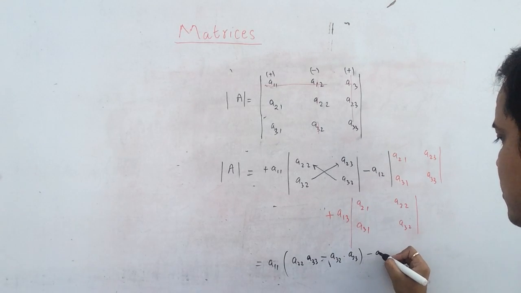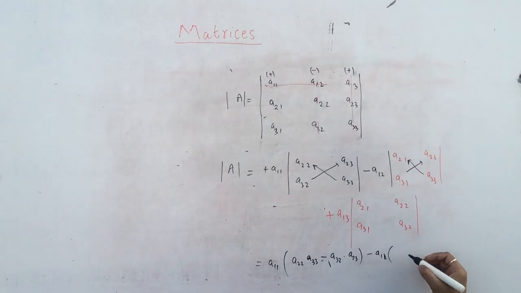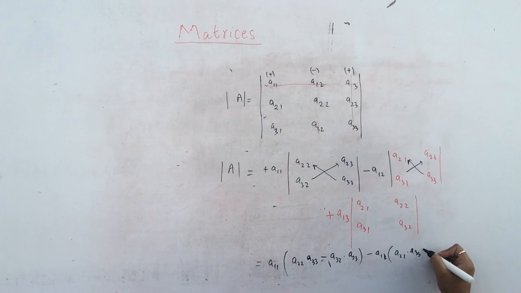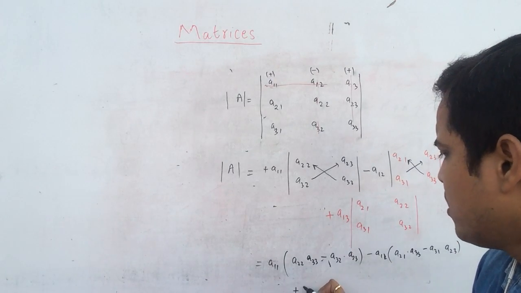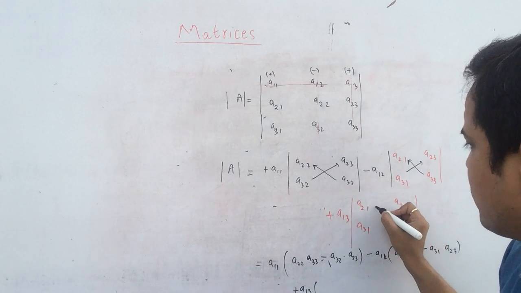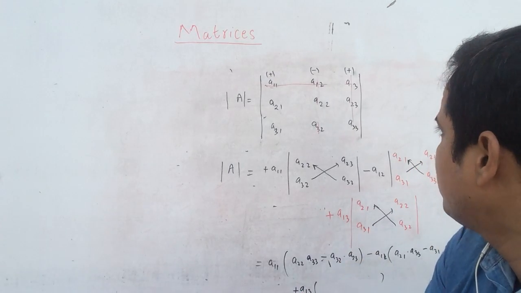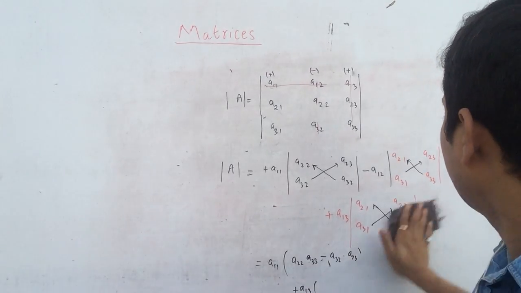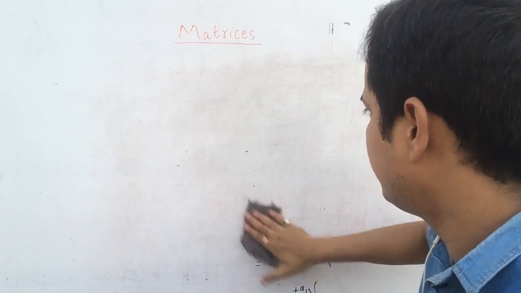Minus A12, the same, left cross minus right cross: A21 into A33 minus A31 into A23. And similarly A13, left cross minus right cross. I think you have understood it. Now we'll do the general question. This is the procedure and you need to learn this.